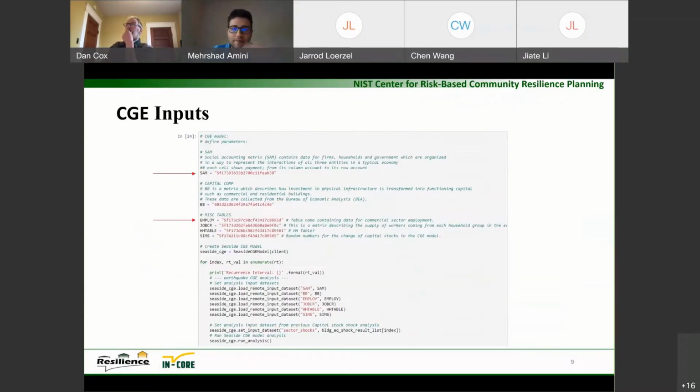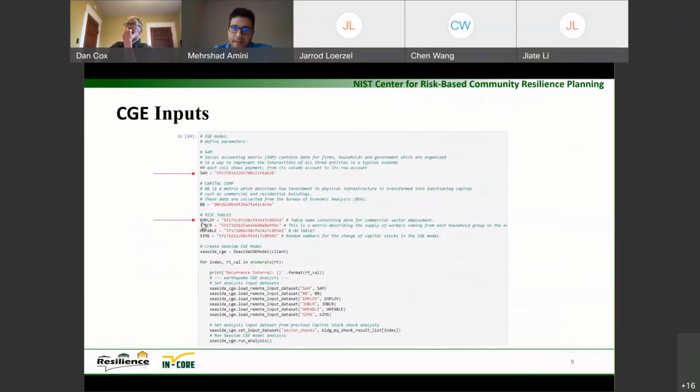After having the capital shock result, we go to the CGE modeling. We need to define more inputs. I just mention two of them. The first one is the social accounting matrix, which defines the interaction between the firms, household, and government.